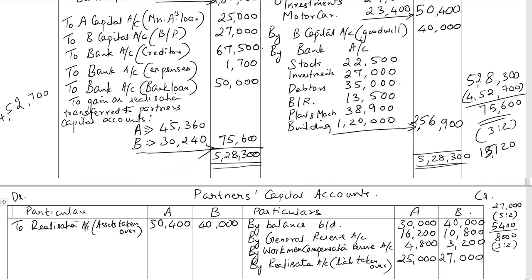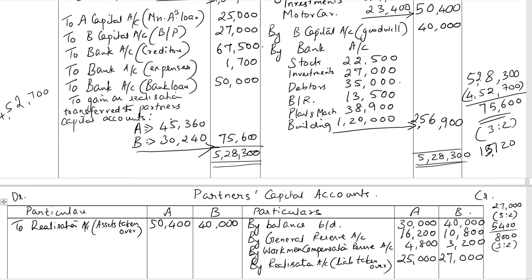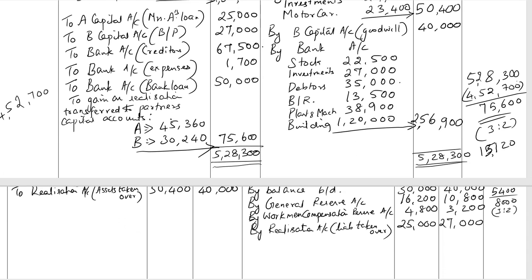Finally, let's transfer the gain on realization to the partners' capital accounts by realization account for the gain. In the case of partner A, it's 45,360 rupees. And in the case of partner B, it's 30,240 rupees.